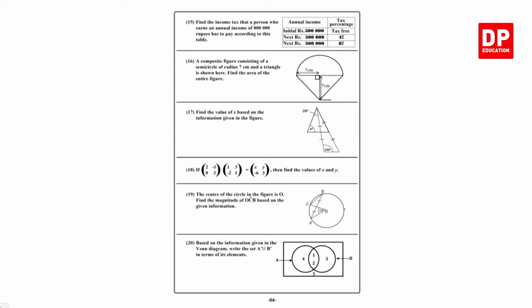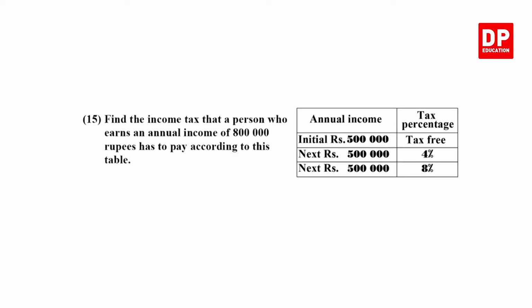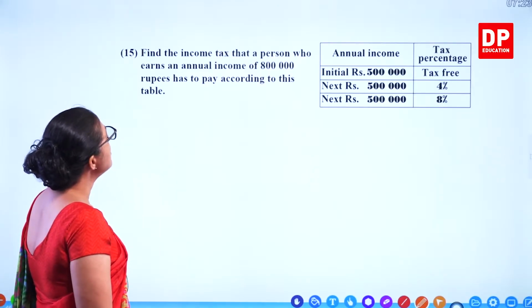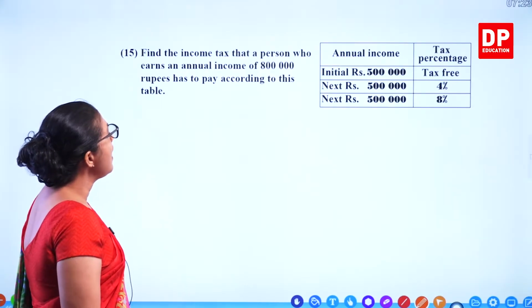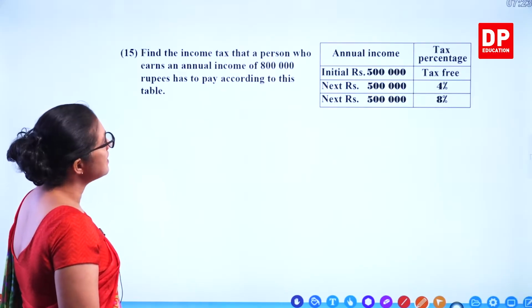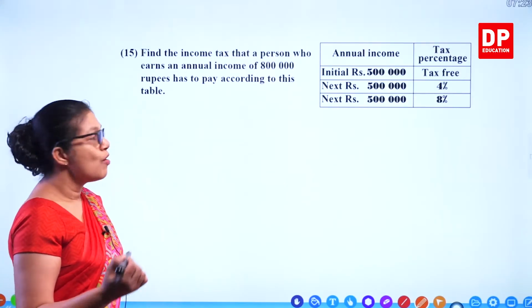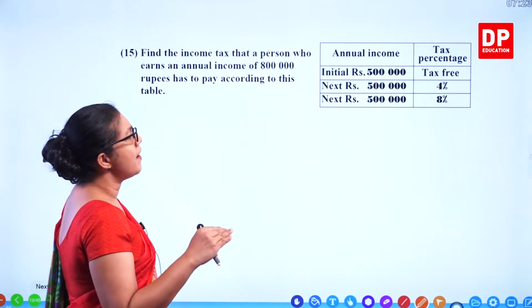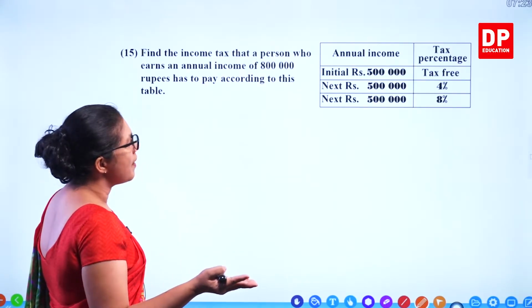Now you can try question number 15 to 20. Find the income tax that a person who earns an annual income of 800,000 rupees has to pay according to this table. So we know for the first 500,000, tax is free.